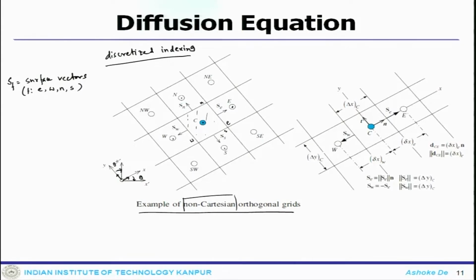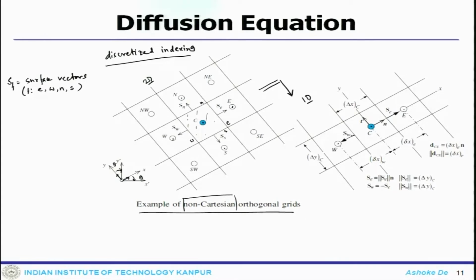Now, to come back to the system, consider one row of elements. If you look at it, essentially it is a two dimensional Cartesian, or orthogonal, system. From here you come down to a 1D system, and here you see the element C sitting here, with one element to the east and one to the west.